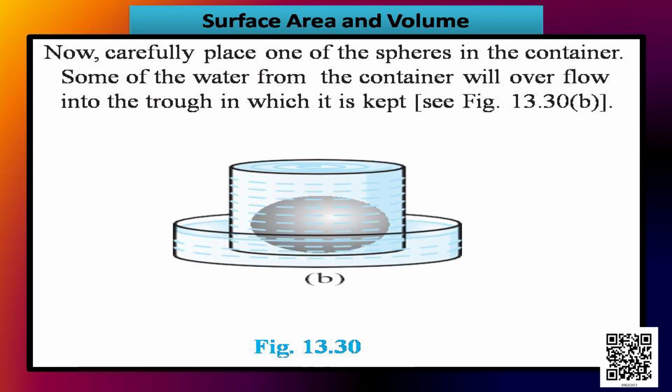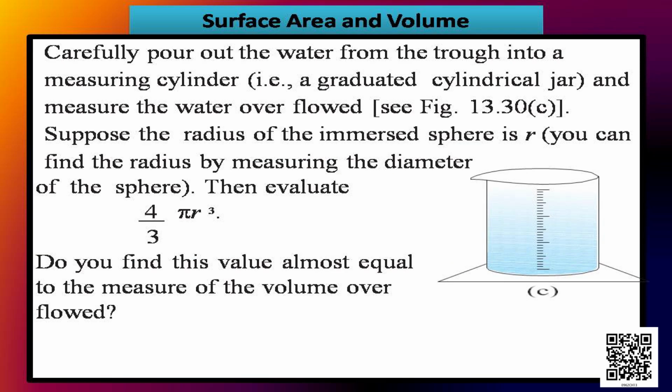Now, carefully place one of the spheres in the container. Some of the water from the container will overflow into the trough in which it is kept. You can refer to figure 13.30b. Carefully pour out the water from the trough into a measuring cylinder, that means a graduated cylindrical jar, and measure the water overflowed.